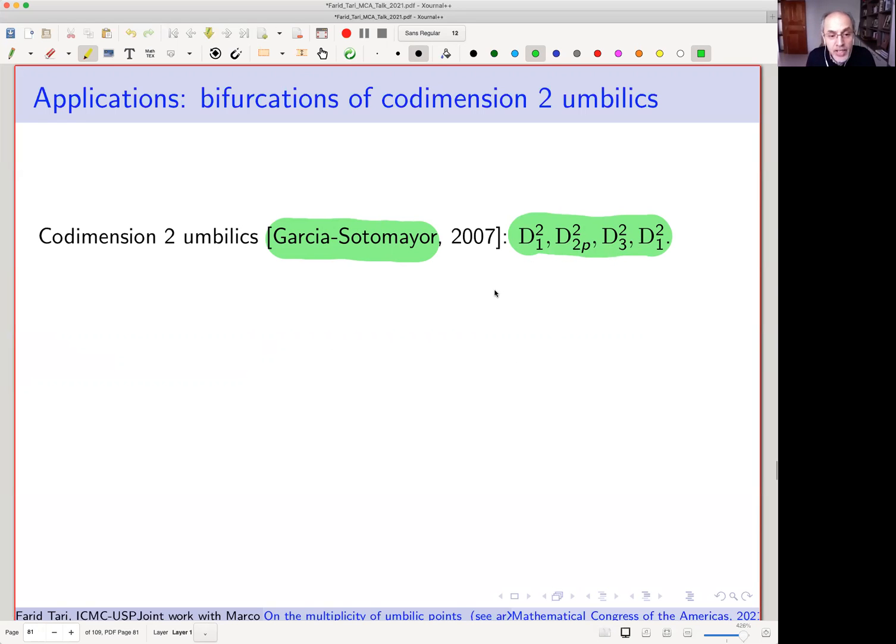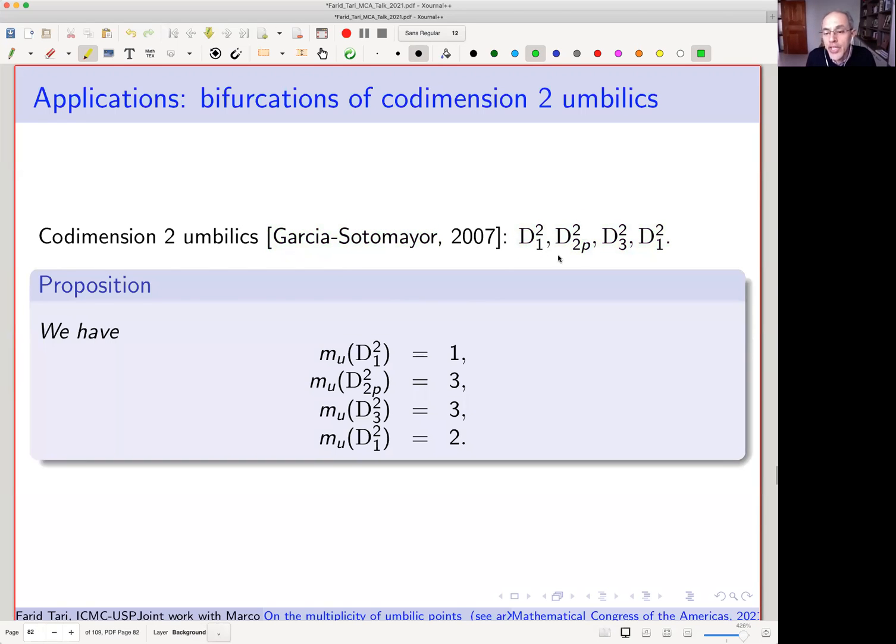So here, we don't have the bifurcations, but going to this paper and getting the parametrizations of the surfaces at these points and the equation of the lines of principal curvature and calculating the ideals generated by 2 of those coefficients, we find that the multiplicity of D12 is 1. So here what happens is you have a bifurcation of the lines of curvature.